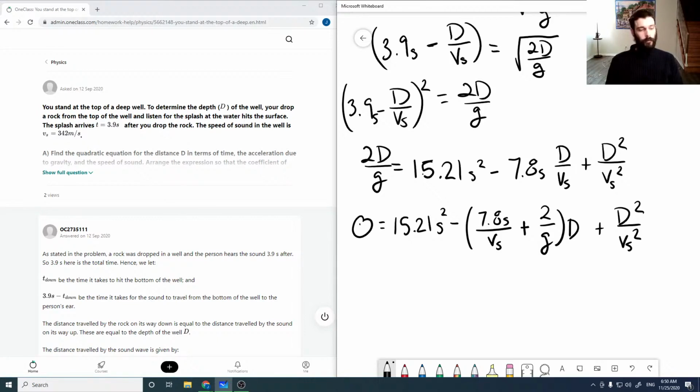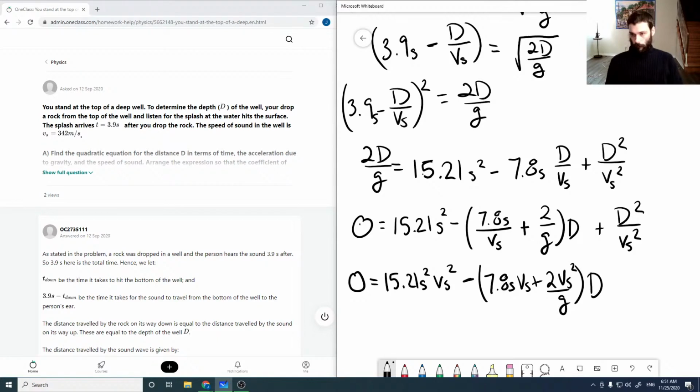And then for our final step, we're just going to multiply through by Vs squared so that there's nothing on the d squared. So then that gives 0 equals 15.21 seconds squared Vs squared minus 7.8 seconds Vs plus 2 Vs squared over g, times d, plus d squared.